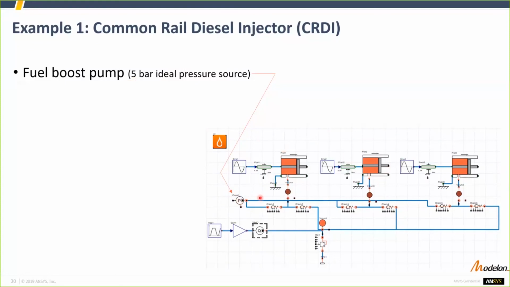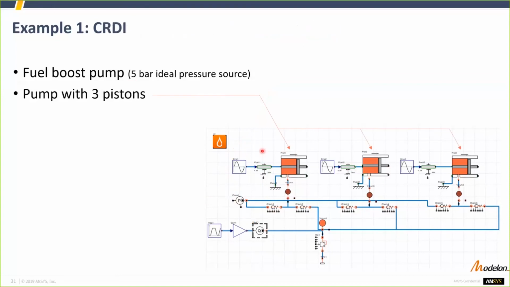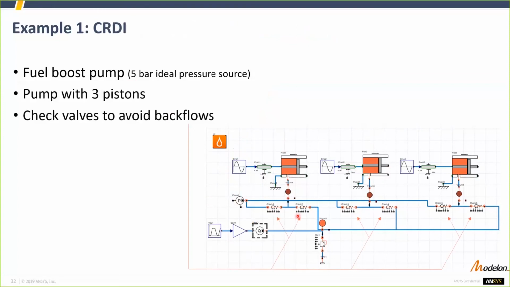That avoids cavitation in this pump, because if you consume too much flow and you start from 0 bar, then you might cavitate. You don't want that. Then you have the pump with the 3 pistons, as I said before. Then you have the check valves to avoid backflow to protect the components.